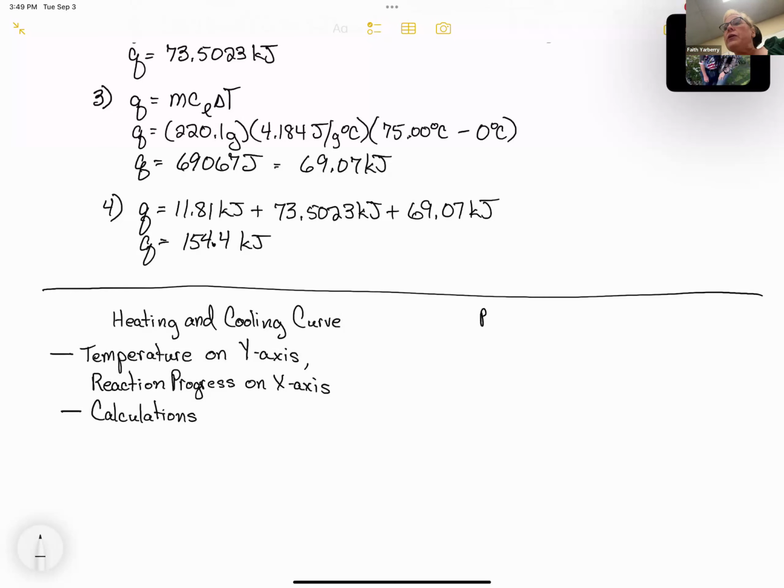What we're about to do is the phase diagram. When we talk about a phase diagram, the pressure is going to be listed on the y-axis and the temperature is on the x-axis.